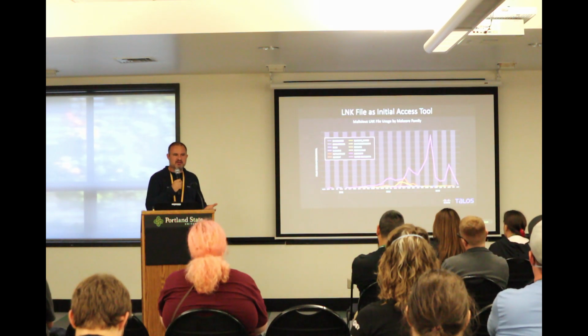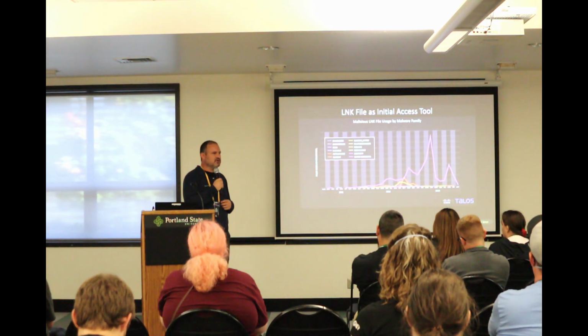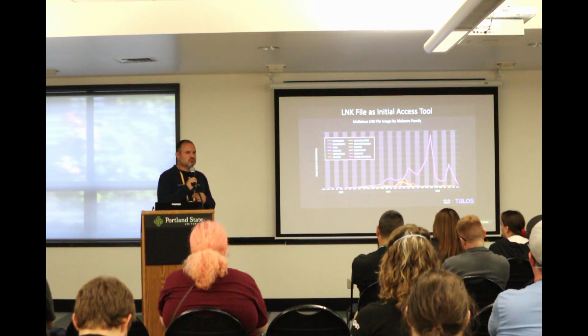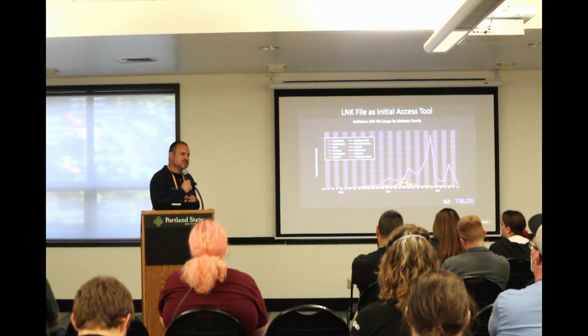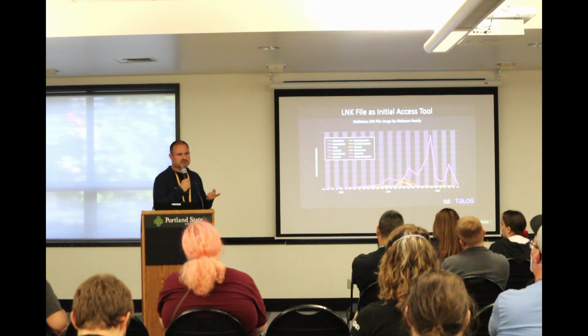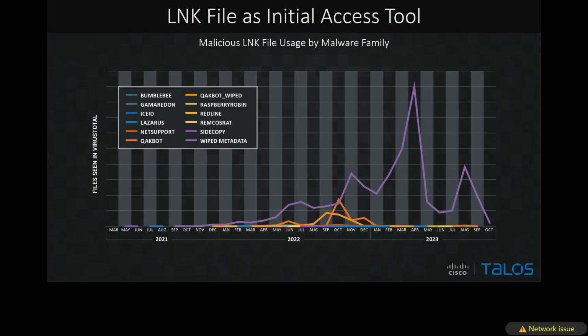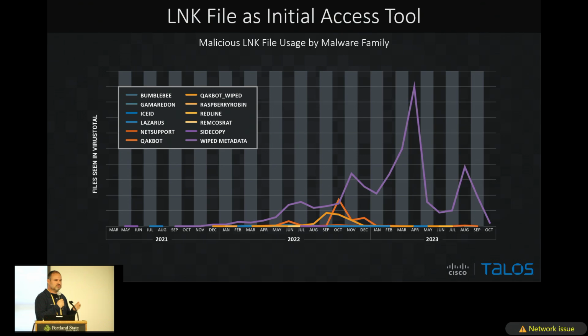The other thing that happened is that around August of that year, someone on Twitter disclosed information that documents created for OneNote also didn't keep track of the mark of the web. So when Microsoft implemented the changes for ISO and zip, they didn't implement the changes for OneNote, right?